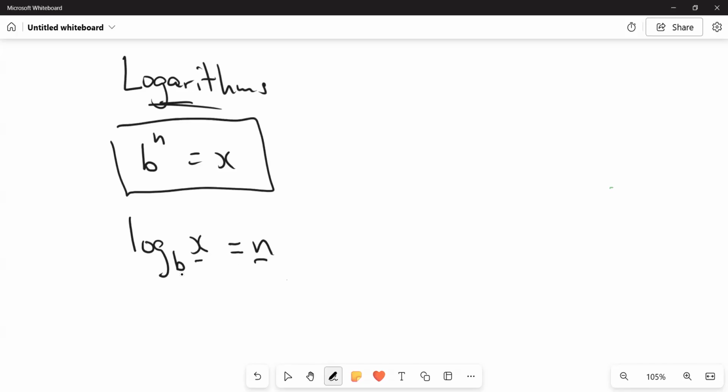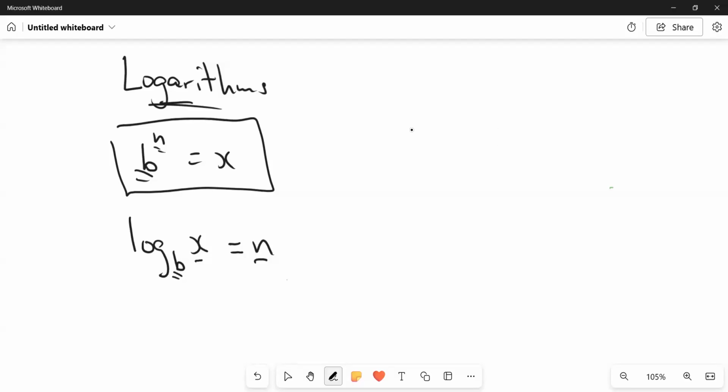It's just that you're sticking this b in here because you want to tell the reader that the base you had before was b, because that's what you have here: b raised to the power n equal x. Written another way, the logarithm of x with a base of b is n. Just an inflection, right? Just to give you some examples.